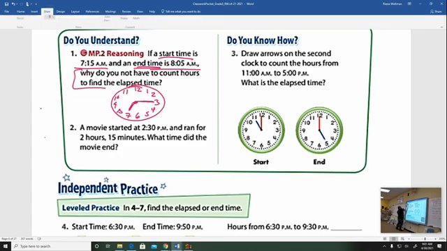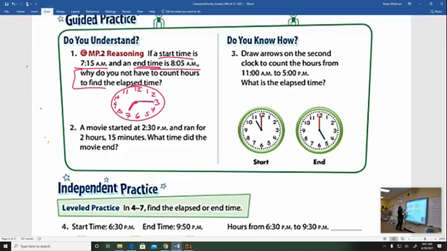So, let's say we skip count by 5s. We would go 5, 10, 15, 20, 25, 30, 35, 40, 45, 50, 55. That's up to the 10.